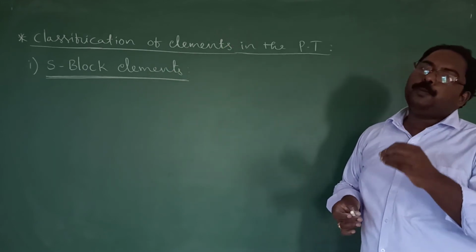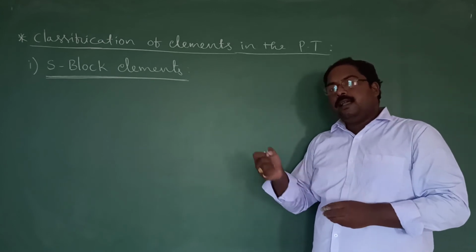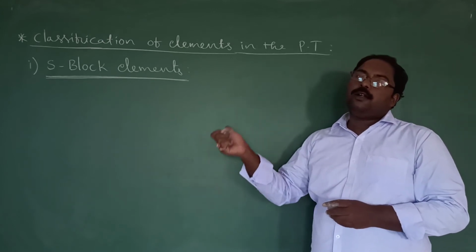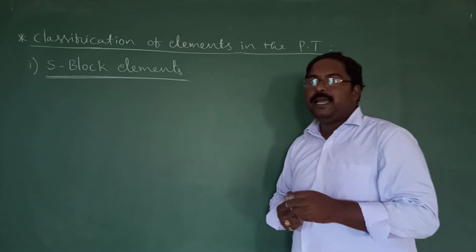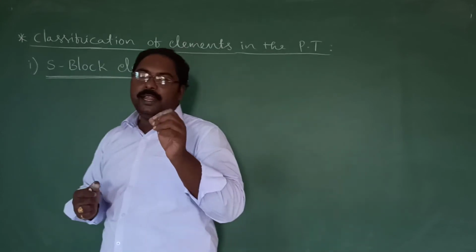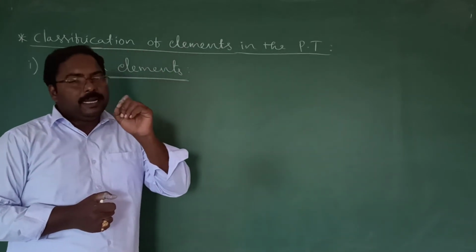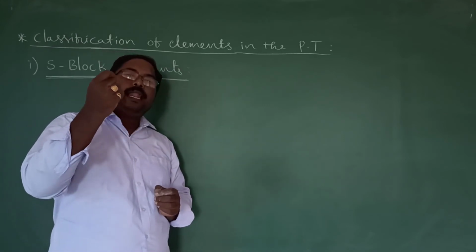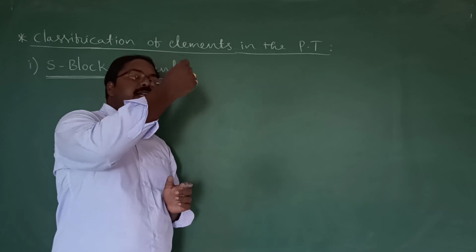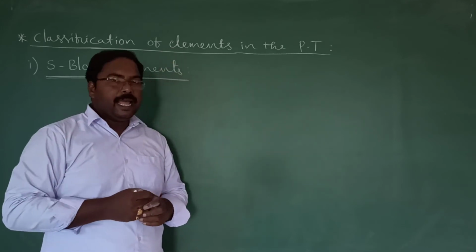An S block element is one in which the differentiating electron enters into the S orbital. By listening to the definition, our first doubt is what is meant by differentiating electron. Nothing but the last electron which enters into the element is known as the differentiating electron.